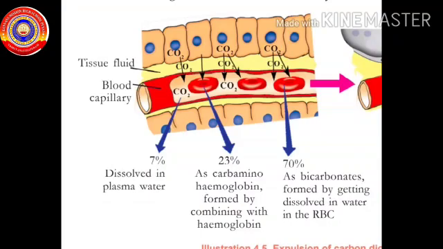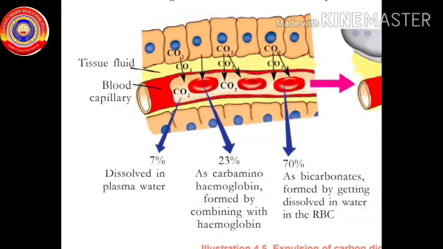We know that the blood contains plasma, RBC and hemoglobin. The carbon dioxide combines with plasma, 7%. The carbon dioxide combines with hemoglobin, 23%, and gives rise to carbaminohemoglobin.